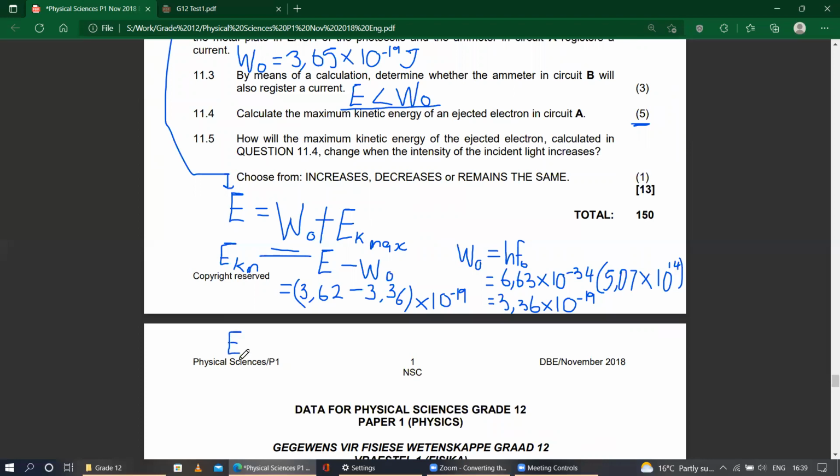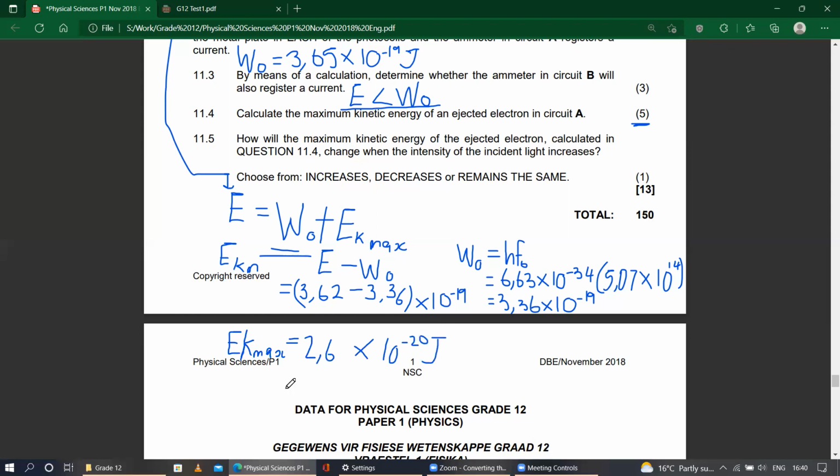Okay, so that's gonna be our EK max, in joules.